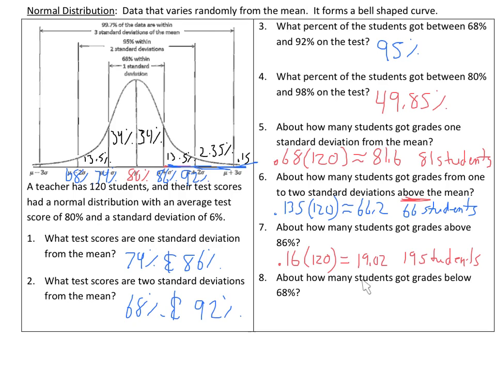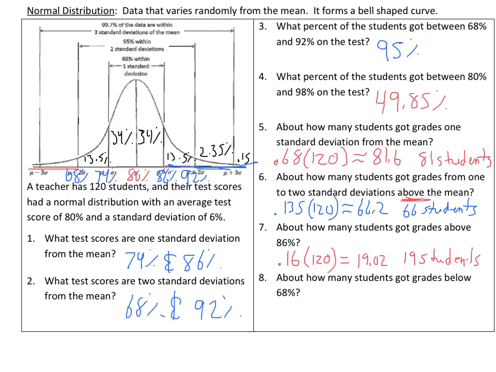Next, how many students got grades below 68%? So 68% is right there. For 68%, I went from here down. Well, what percents are over here? Isn't this the same as these? So what are these two going to add up to? When you add these two right here, you should know that's 2.5%.